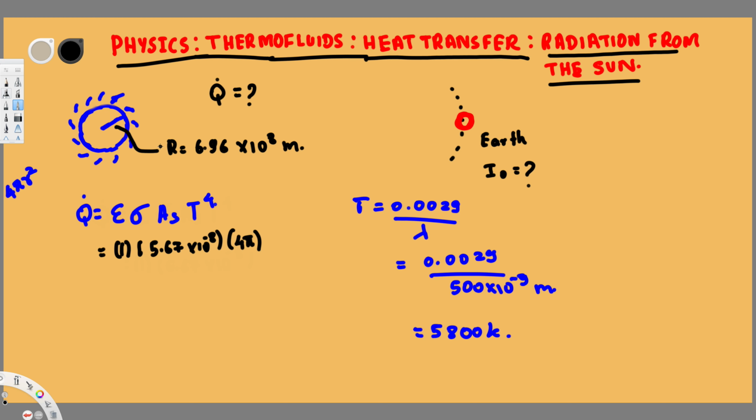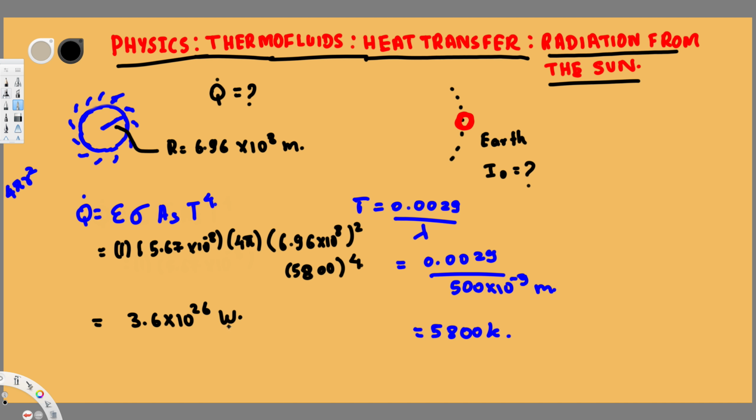The radius is given right here, so we can use that: 6.96 times 10 to the power of 8 squared, times the temperature to the power 4, that's 5800 Kelvin to the power 4. If you plug all these values into your calculator, you should get 3.6 times 10 to the power of 26 watts.